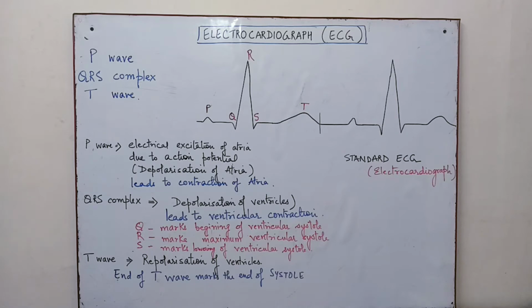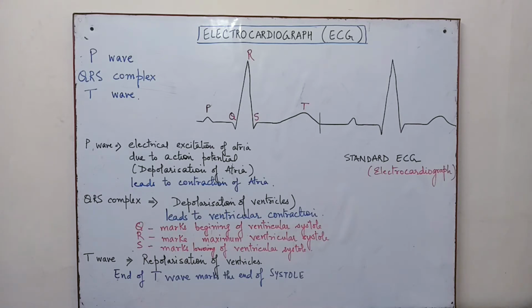Now, a question can arise in your mind why it is connected in this way. In lead 2, the right arm actually acts as a negative pole and the left foot acts as a positive pole. When we have studied the cardiac cycle, it actually represents this way.